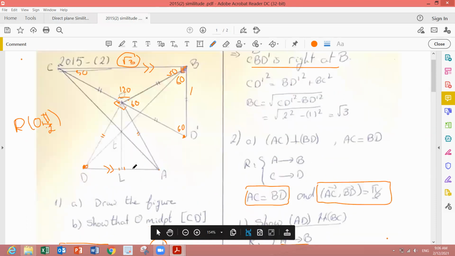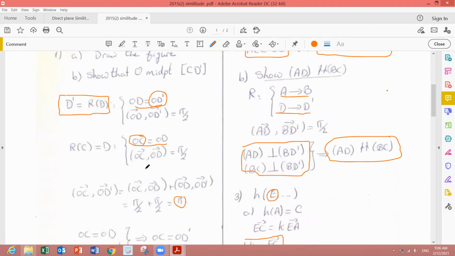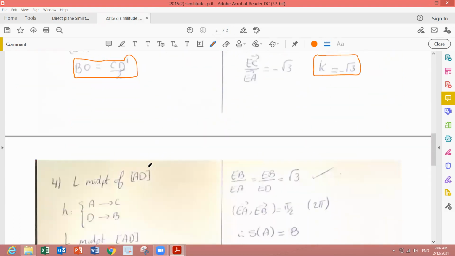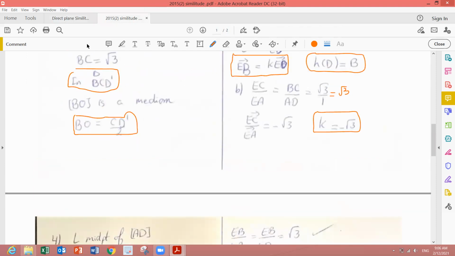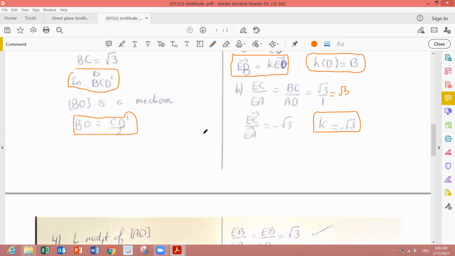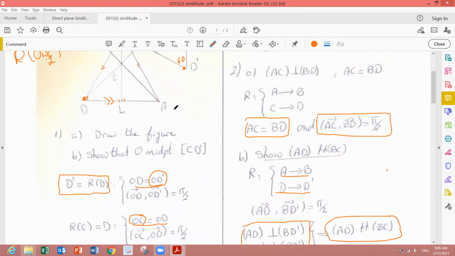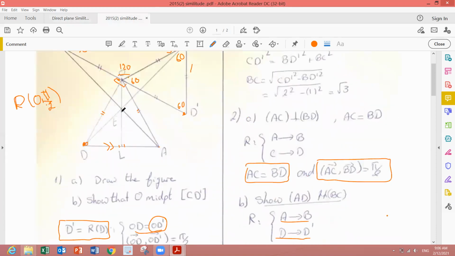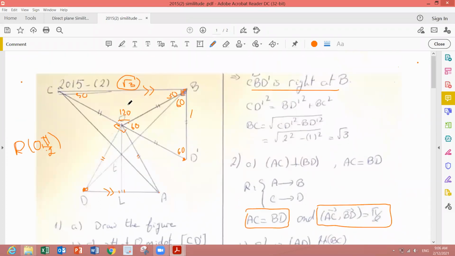We are going to prove that O, E, F, and L are collinear. How to prove O, E, F, and L are collinear?